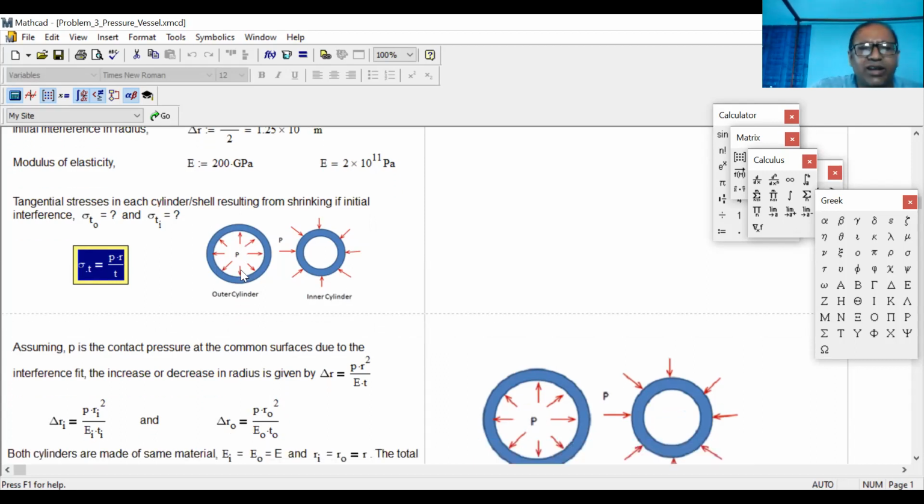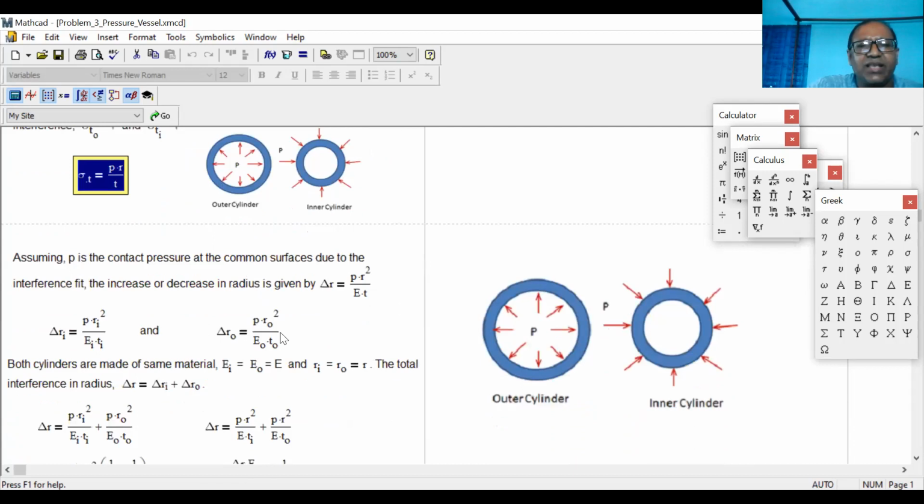Now, the total interference is given. We know the diameter, and how much the radius increases or decreases after pressurizing. If you pressurize from outside, the radius will decrease. Pressurize from inside, the radius will increase. You can figure out that value by this formula. For the inner radius, this much will be increased.